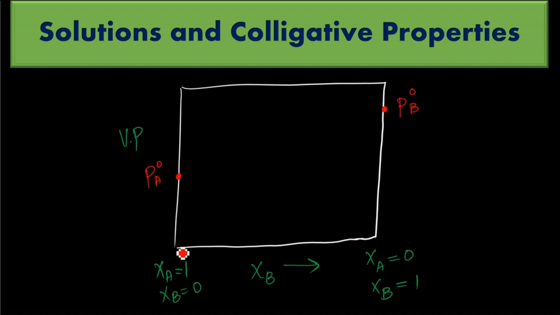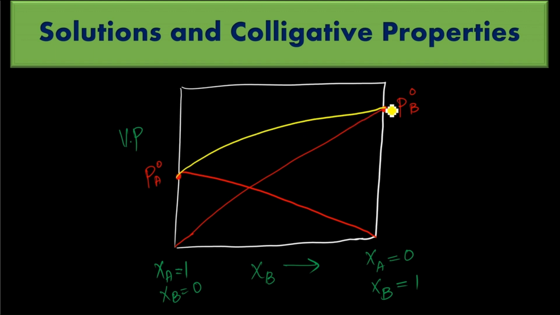So as chi_B increases, this is going to reach here, and from here, as chi_A increases, it goes like this. Total vapor pressure will be a straight line of P_T equal to P_A plus P_B, right?